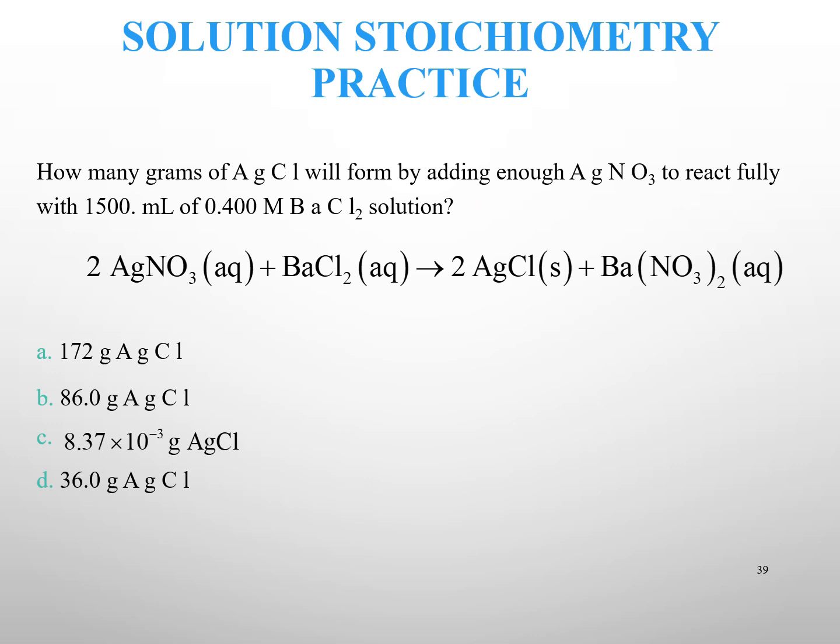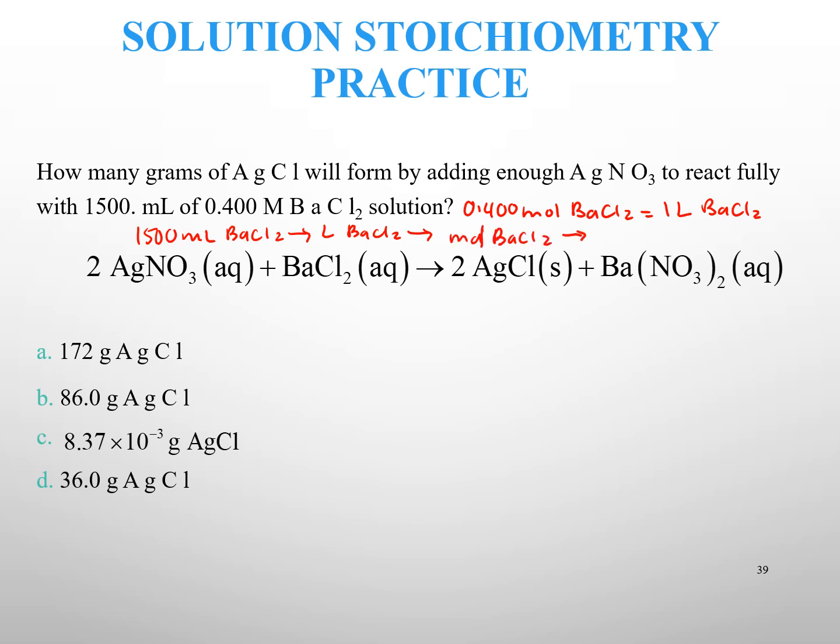Okay, let's write that liter. So then you'll take the 1500 mL of BaCl2, turn it into liters of BaCl2, and then we'll use the molarity term right above this to translate this into moles of BaCl2.